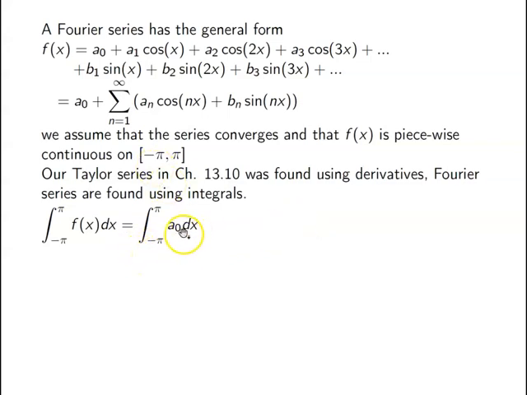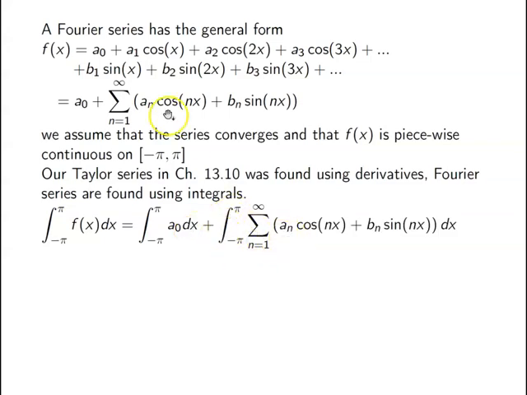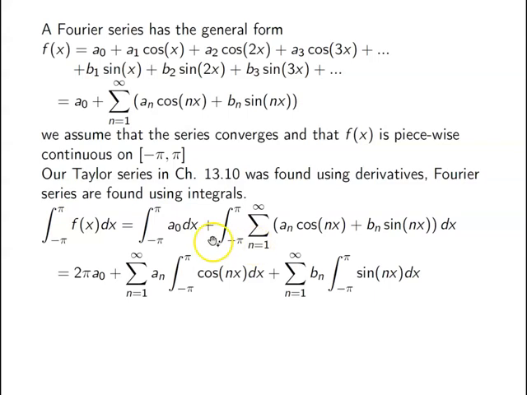So negative pi to pi for a naught with respect to x, and then I can just integrate this entire sum instead of looking at it piece by piece. Now, the nice thing with integrals and summation formulas is that they are interchangeable. So the integral of the sum is the same as taking the sum of integrals of cosine and sine, right? I'm summing the constant terms and I'm integrating the function.